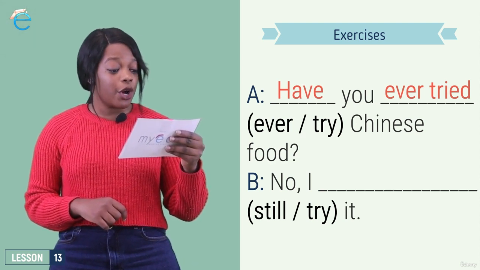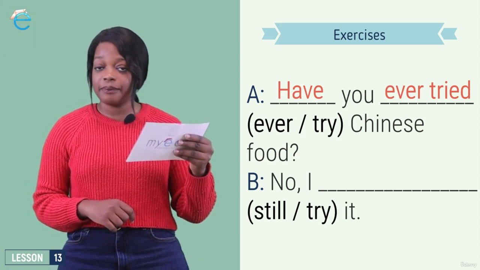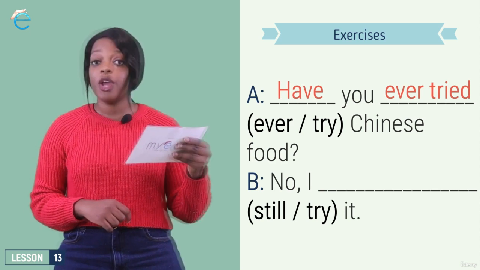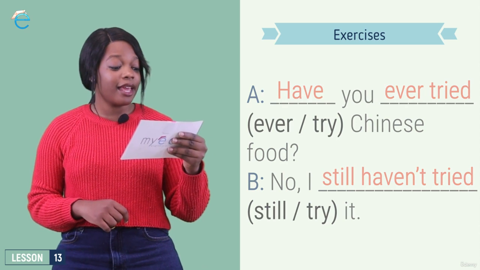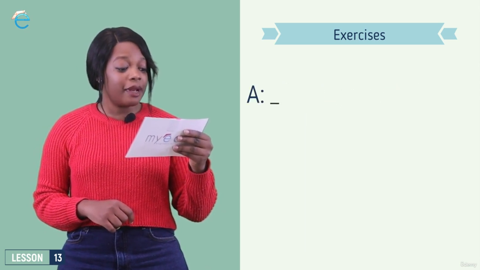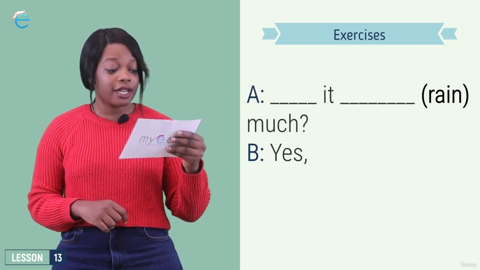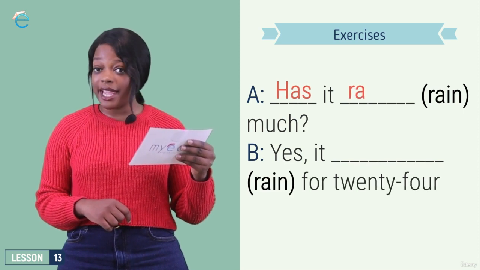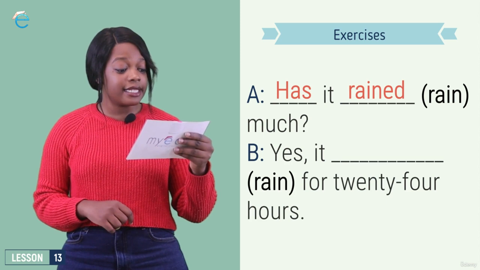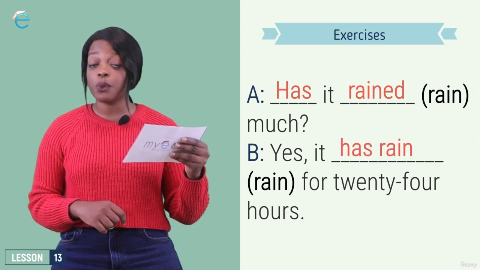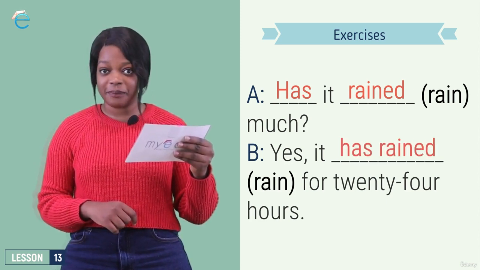Answer, no, I blank it. Still try it. No, I still haven't tried it. Number 4, blank it much. Has it rained much? Answer, yes, it has rained for 24 hours.